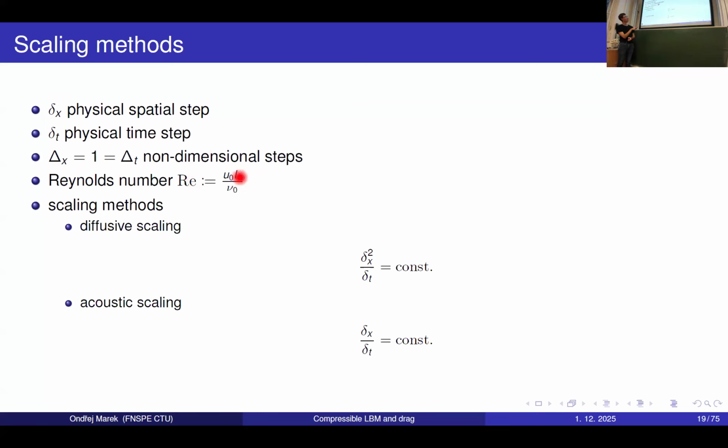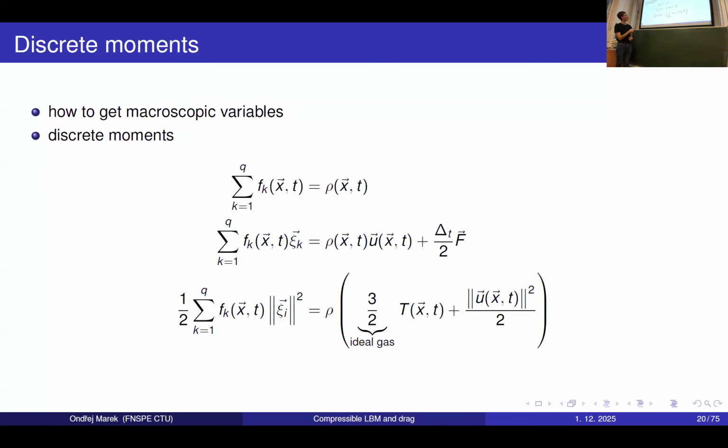Here, just reference velocity, reference length, like the length of the object, and reference viscosity. For me, it's just constant in the whole space, so it's just the viscosity of the fluid. And then we can choose if we are scaling by keeping the non-dimensional viscosity, or if we are keeping the non-dimensional velocity. There are two options because the Reynolds number gives only one constraint. So that will be shown in the results and comparison of this.